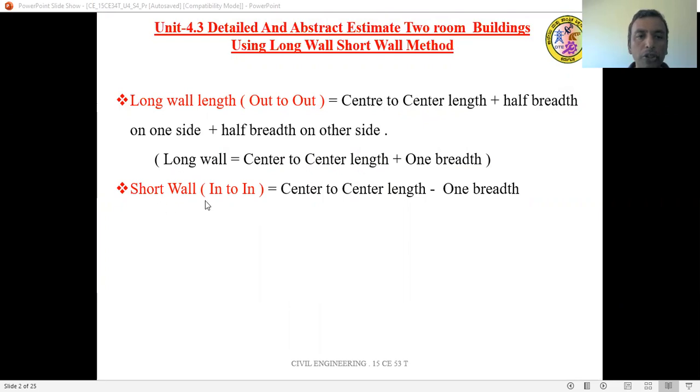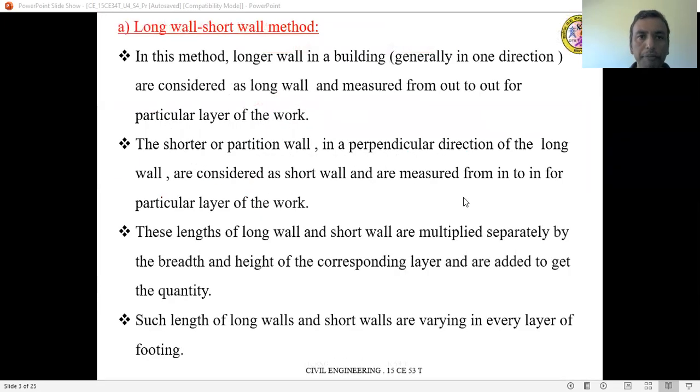Similarly, true short wall length is equal to the center to center length minus one breadth of the particular item of work. Then there are some stages involved in the calculation of the long wall short wall method in different items of work. In this method, generally the longer length of wall is considered as a long wall.